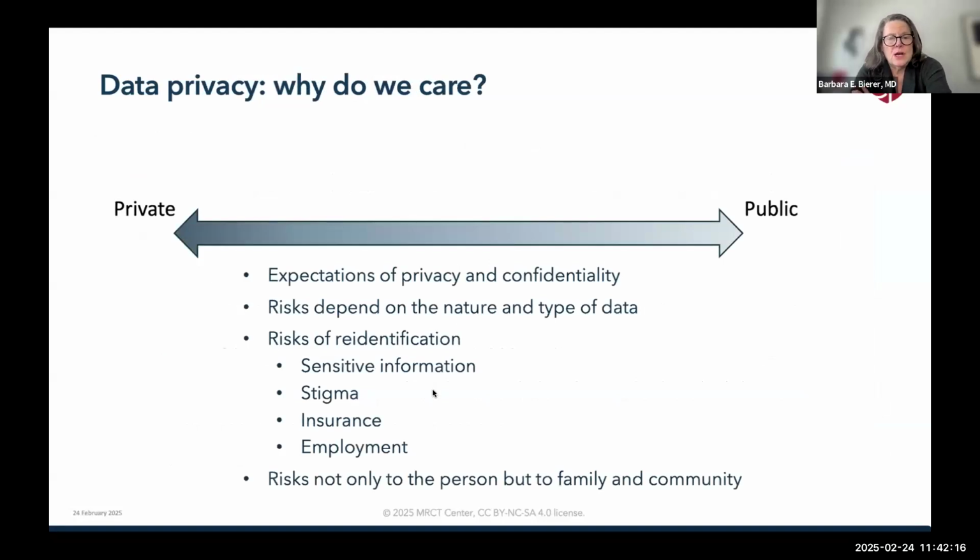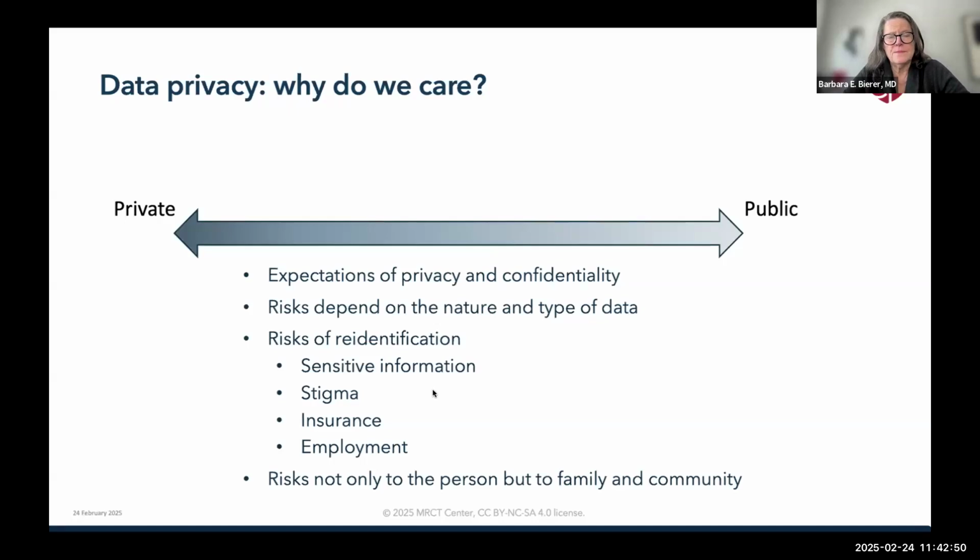So why do we care about data privacy? Well, first of all, there are expectations of privacy and confidentiality that are generally assumed on the part of participants and on the part of patients. And that can be more or less important to people depending on the nature and the type of data, as we've said. The risks of re-identification: sometimes there is no risk to the re-identified, depending on what kind of information it is.